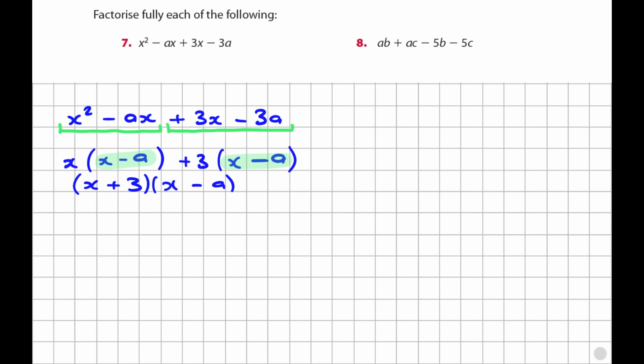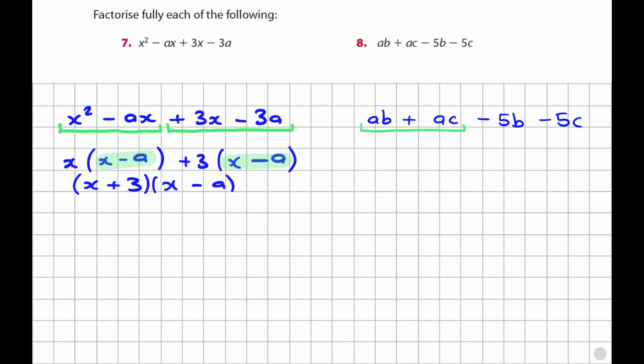So with question 8, ab plus ac minus 5b minus 5c. So we do the exact same again. Take the first two terms and see what's common.